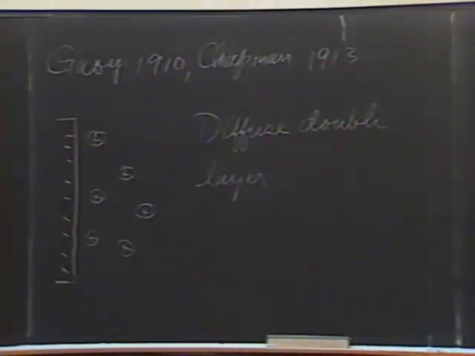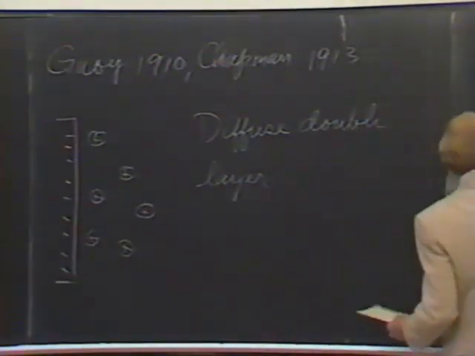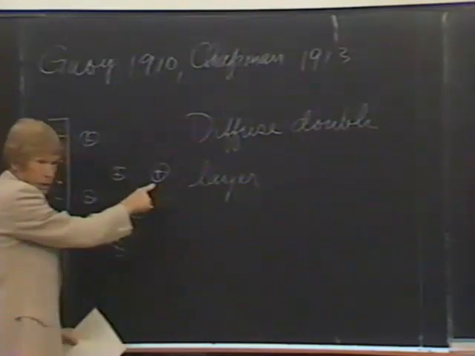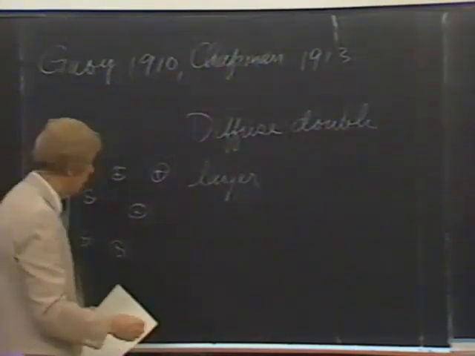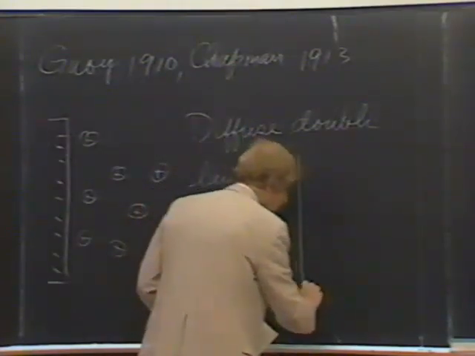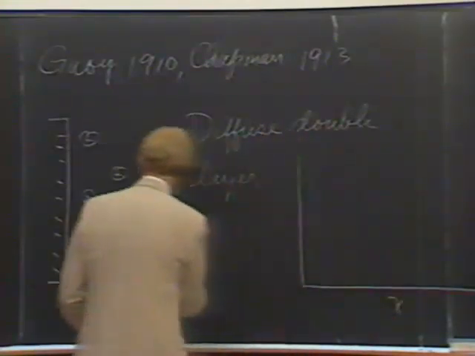Well, I'll go back to this diffuse double layer now, and we'll assume that each of these are point charges. We can describe the distance away from the surface, I'll call it x. x is the distance here.